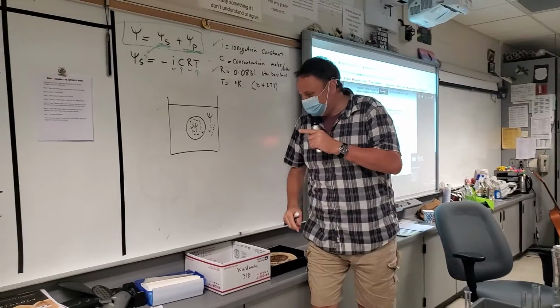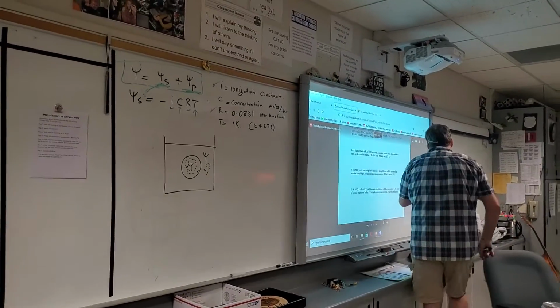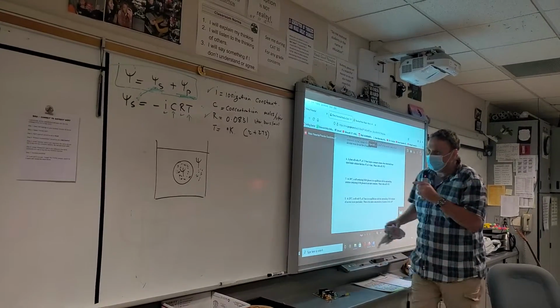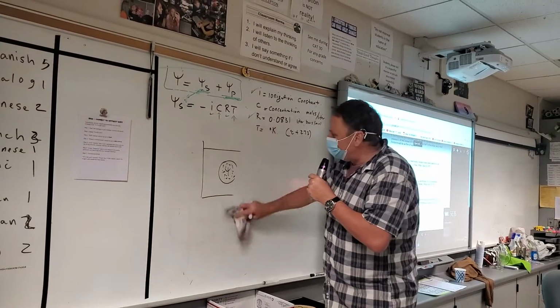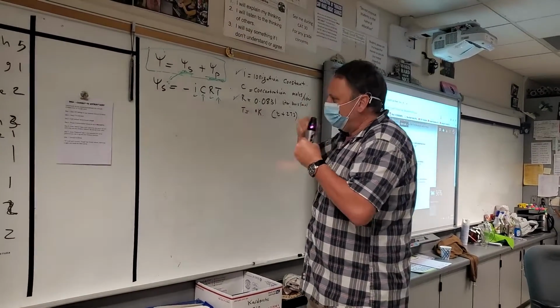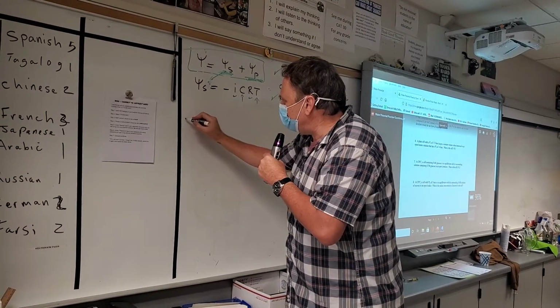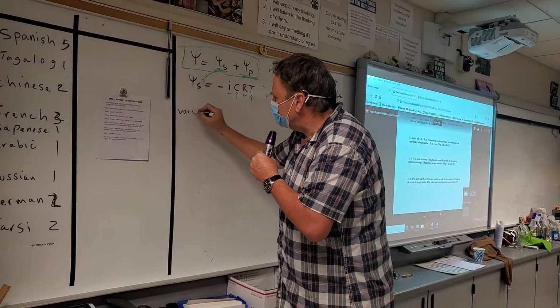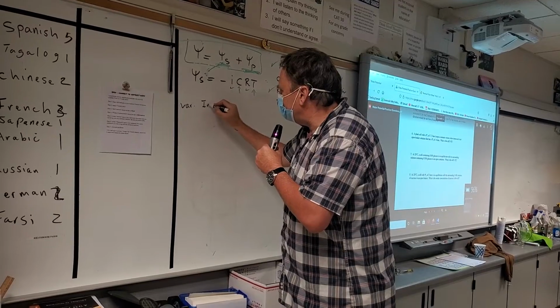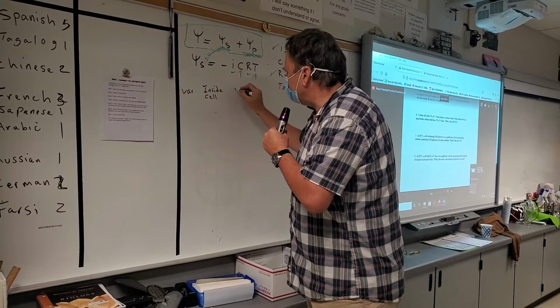All right. This is how I like to solve these equations. The first thing I like to do is write down every variable that I have. So I've got two situations. I've got my variable, I've got inside the cell, and then I've got outside of the cell.